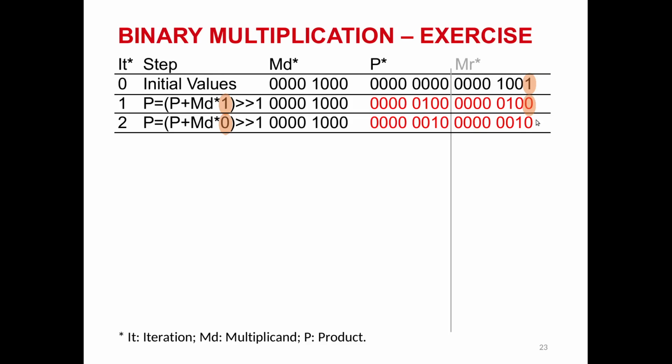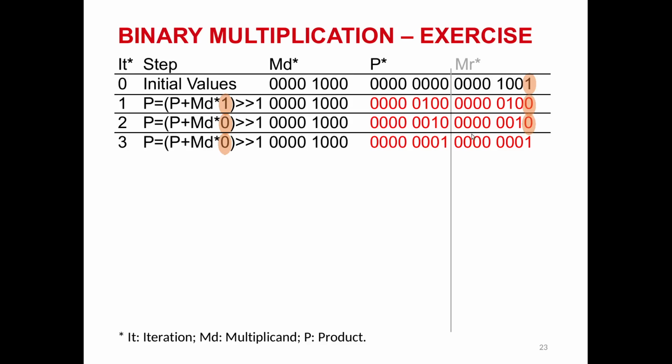And again we can see that we have value 0 here, so the next step we will multiply MD with 0 plus with the higher part, or the most significant 8 bit of product, and then shift the result to the right for 1 more bit.